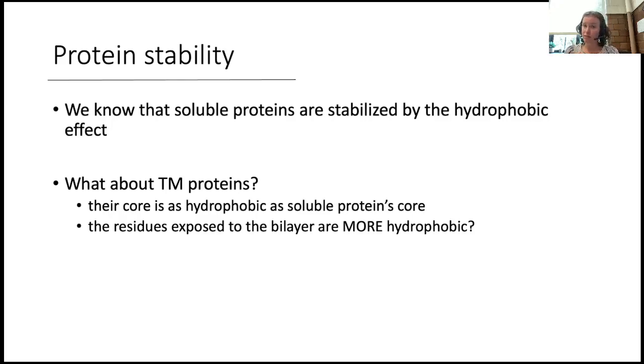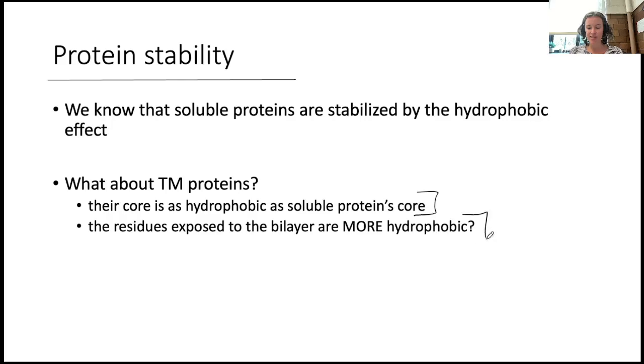We'll have to think a little bit differently about these proteins. We would assume that in terms of normal protein folding, where the core is nonpolar, the same should likely be true for a transmembrane protein. Still, if it's folding and hiding away the inside from water, that should be nonpolar due to the hydrophobic effect.